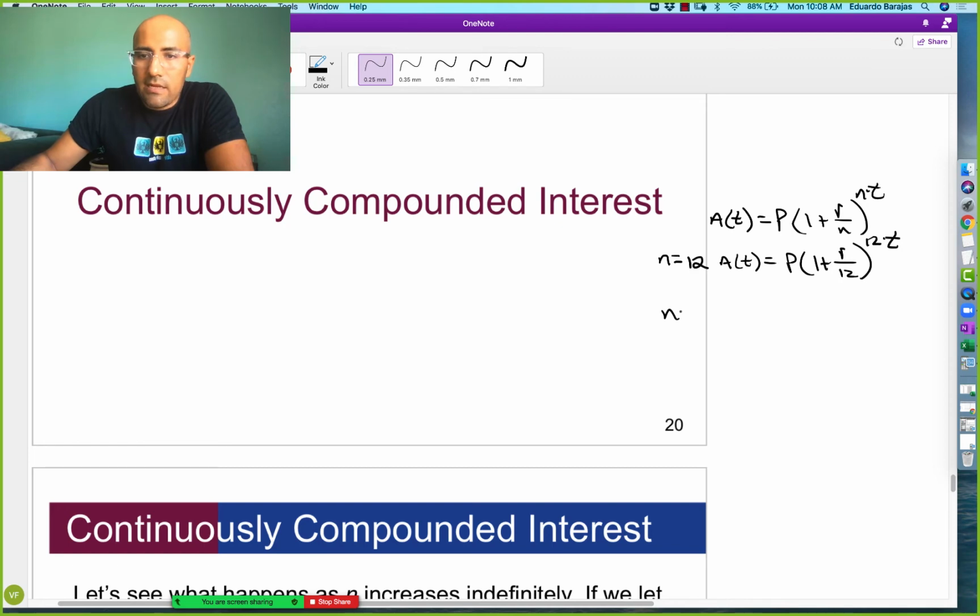And if we let n equal 365, compounded daily, this formula becomes this way.